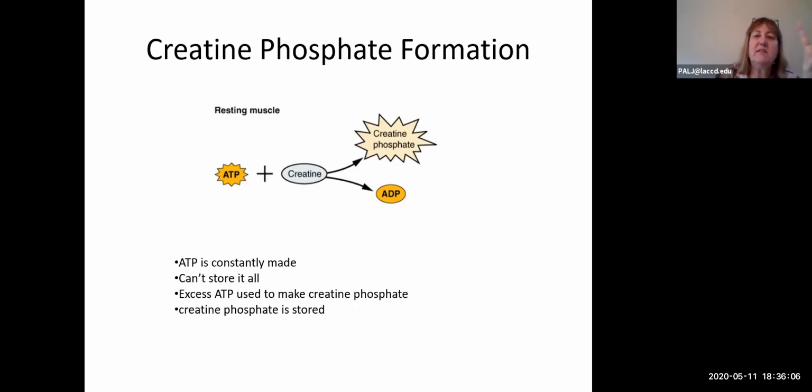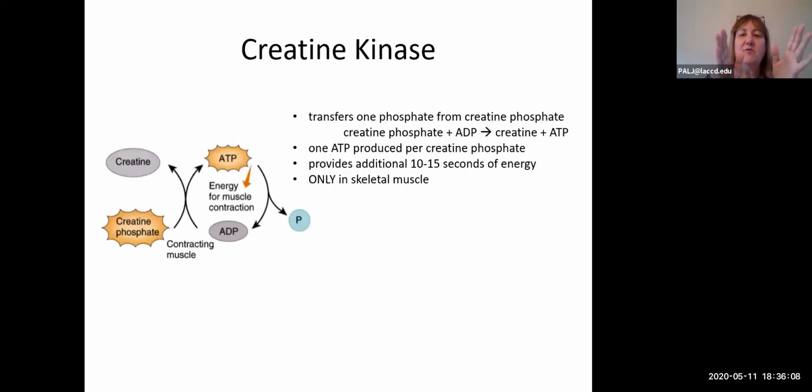And we're going to use the third enzyme, which is creatine kinase, to transfer phosphates. Now, interestingly, it's the same enzyme that's transferring the phosphate to form the creatine phosphate. But when we're exercising, we are starting with the creatine phosphate and the ADP, and we're going to use the creatine kinase to take a phosphate off the creatine phosphate so you end up with creatine, and dump that extra phosphate and its energy onto the ATP.